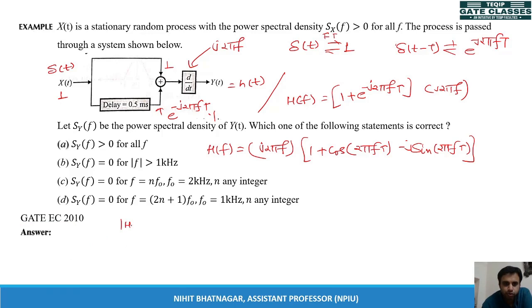So mod H(f) is equal to 2 pi f times the modulus of the bracket.